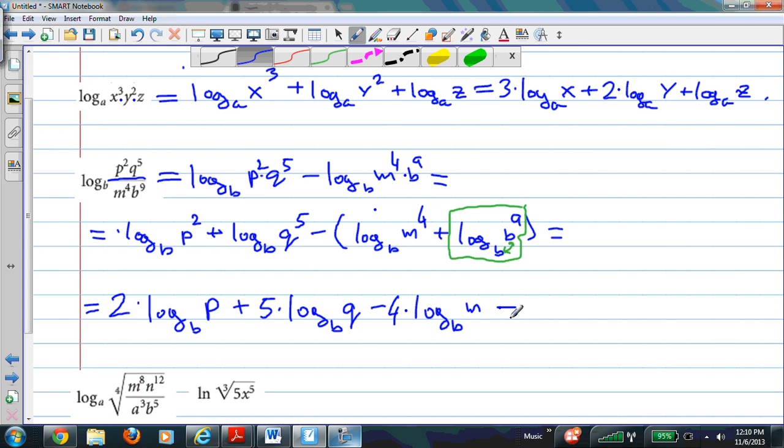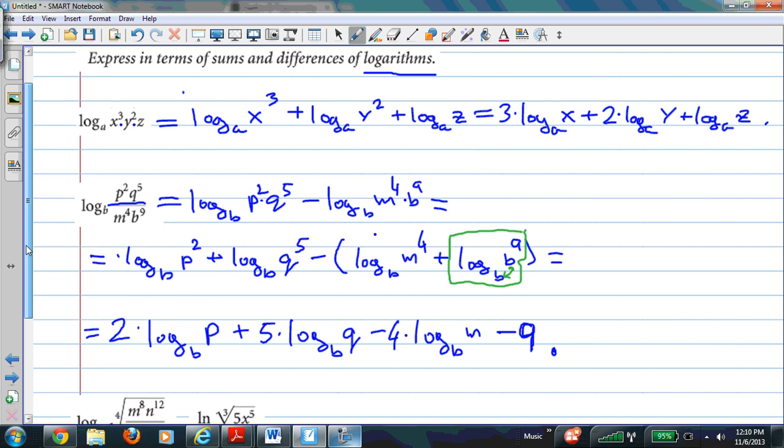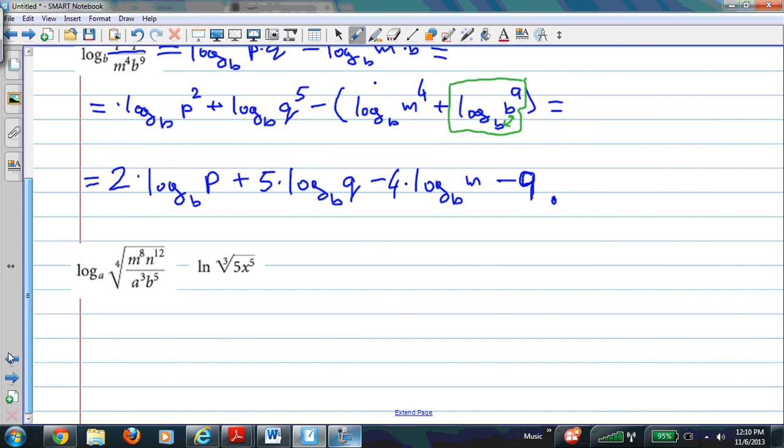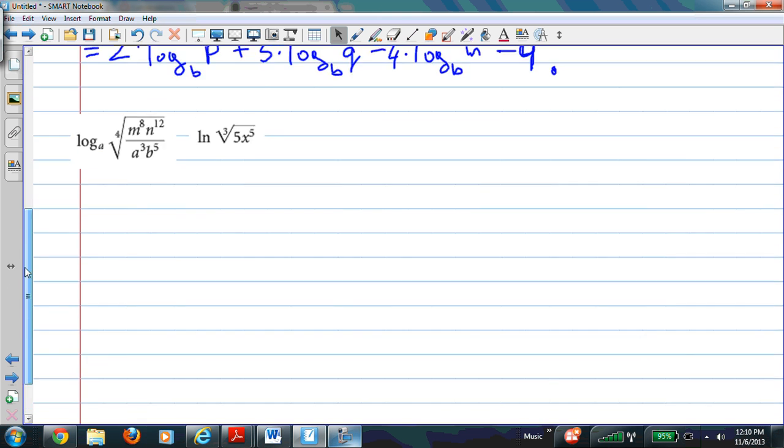And the answer is just 9, so I'm just going to make it minus 9. Okay, and that's it. So this is getting a little more complex. And actually, we need to be able to manipulate these expressions in order to solve equations. That will help us tremendously in the equation solving part.